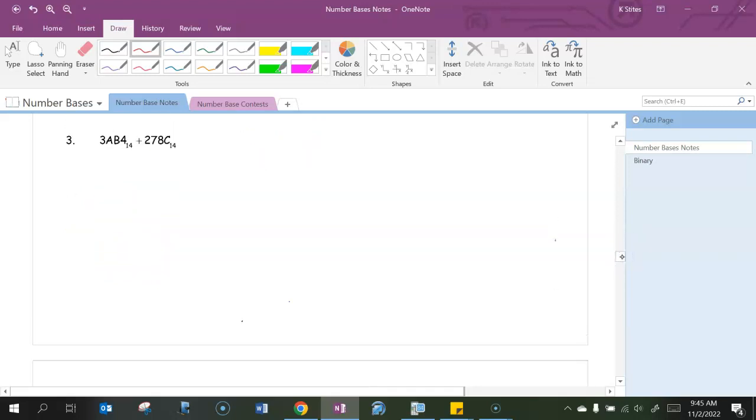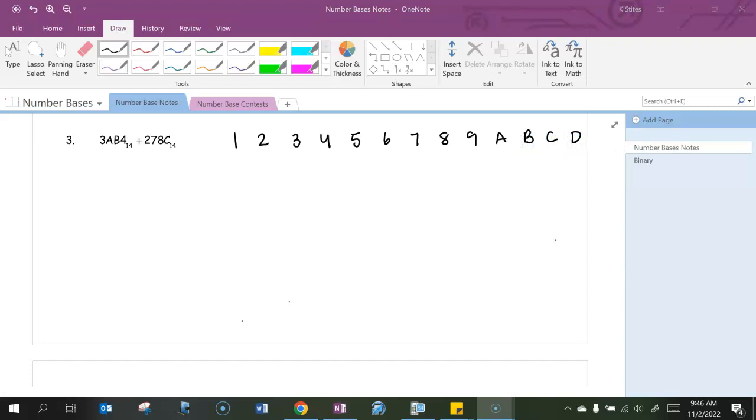All right, let's try one more. This one is a little tricky because it has all of the letters. So we're going to go ahead and count first. You're going all the way up to 13 here for base 14. So 1, 2, 3, 4, 5, 6, 7, 8, 9. And then 10, 11, 12, 13. So this is as far as we go. This is like your 13. Then 14, remember, doesn't exist in base 14.